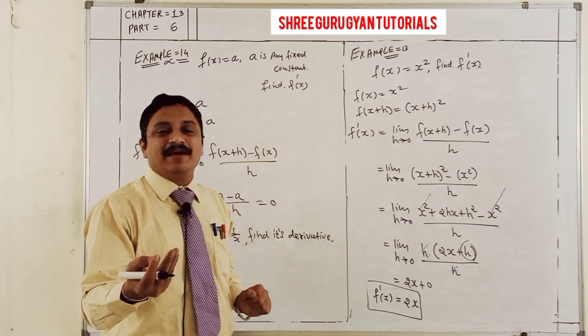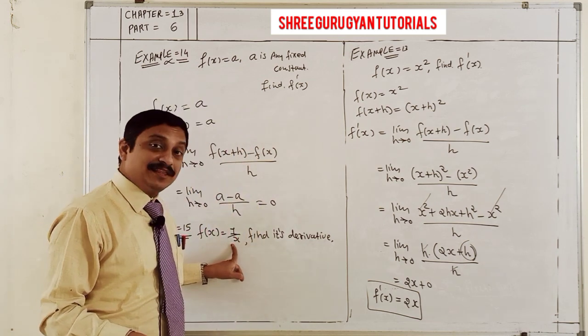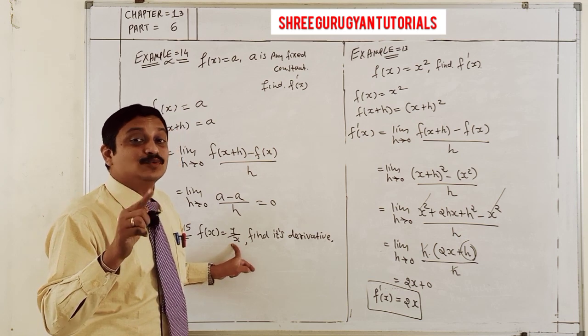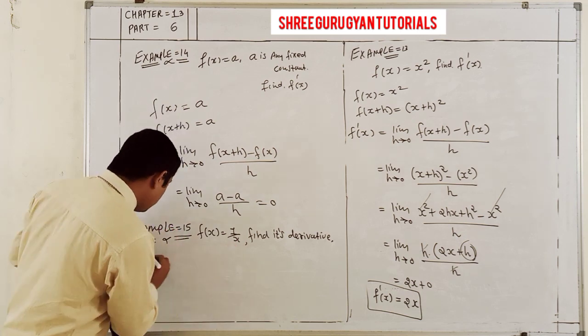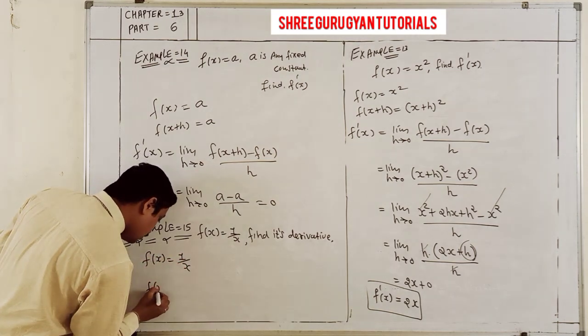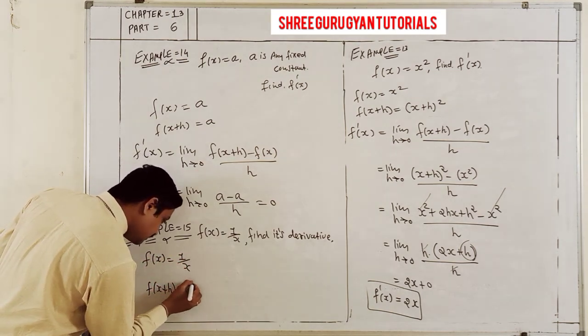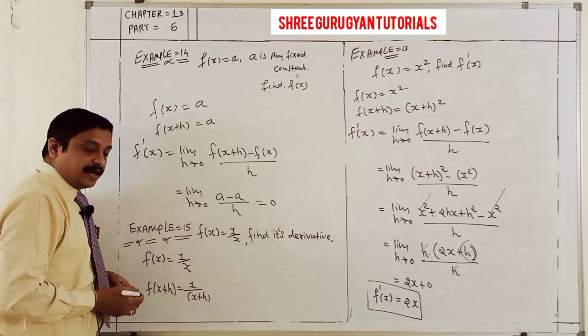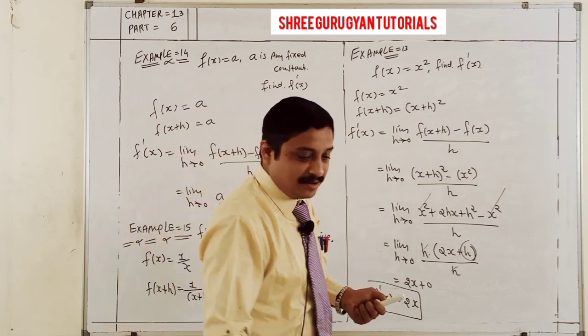So simple, I apply. Already I have written this formula in the list today, students. In the first, the derivative of 1 upon x is minus 1 by x square. But here I prove why it is that. So I just write down f of x plus h as 1 by x plus h and apply it in the definition.